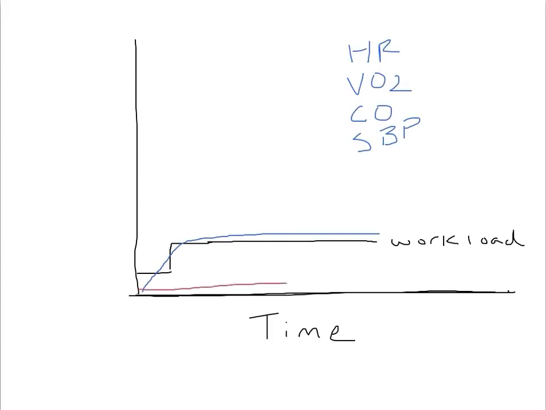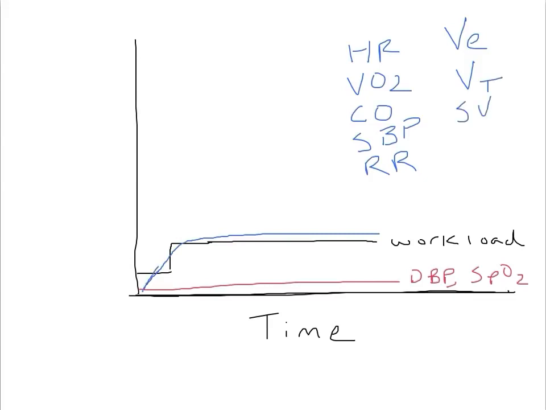So we continue to have our diastolic blood pressure, our SpO2. Now, I should add here also respiratory rate, ventilation, tidal volume, stroke volume. These all will rise, they will taper off, and they will maintain steady state.